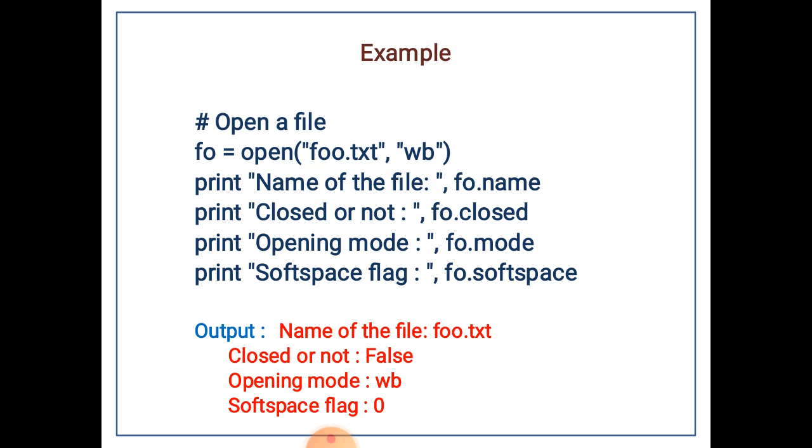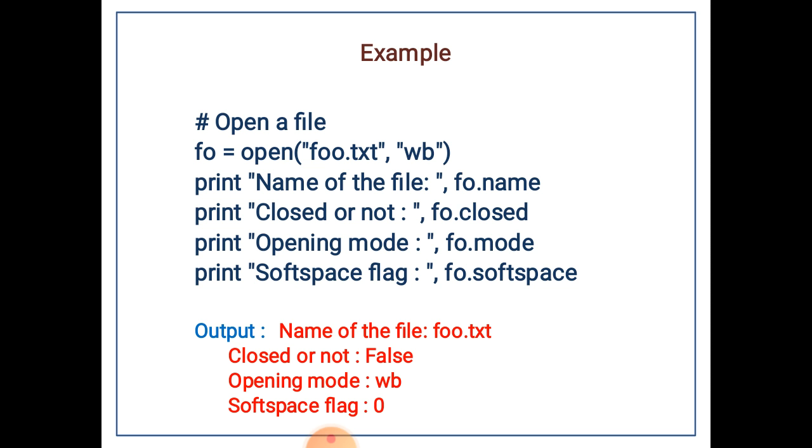fo.name gives out the name of the file. fo.closed returns true or false. If the file is closed, it returns true. If the file is opened, it gives false. Since the file has been opened using the open command, the output is false there. Now we have opened the file using the access mode wb.